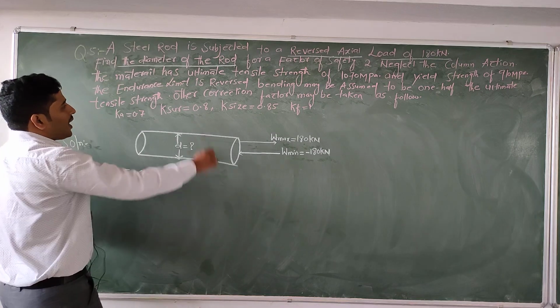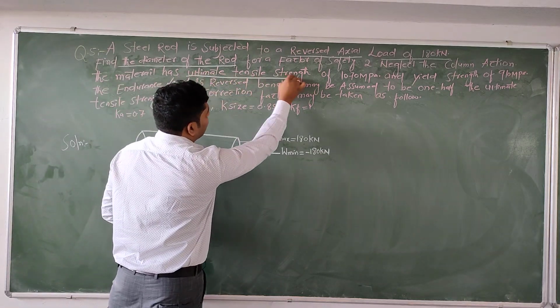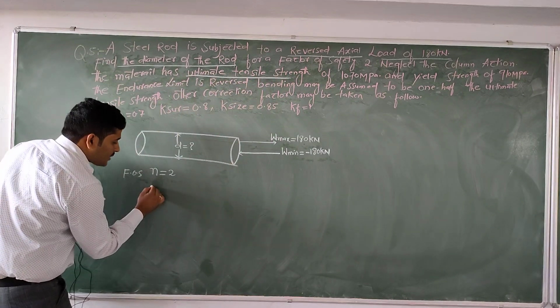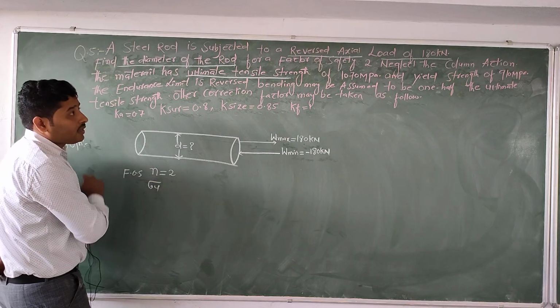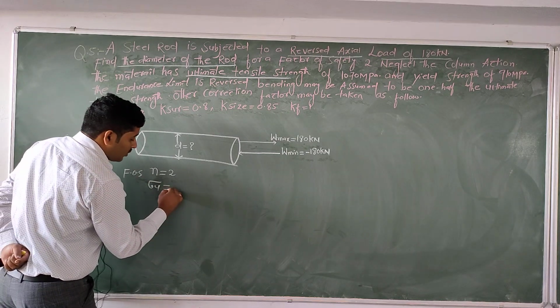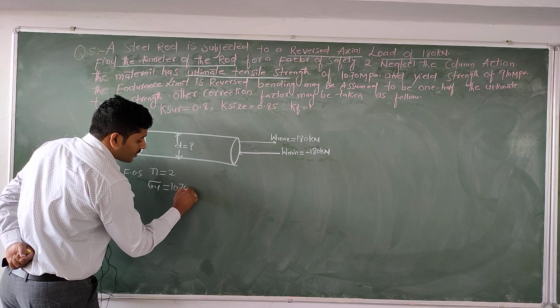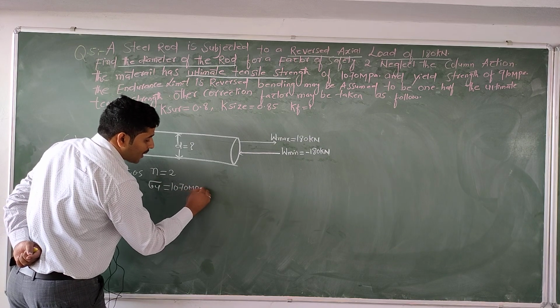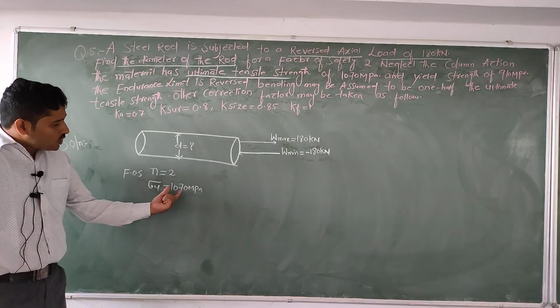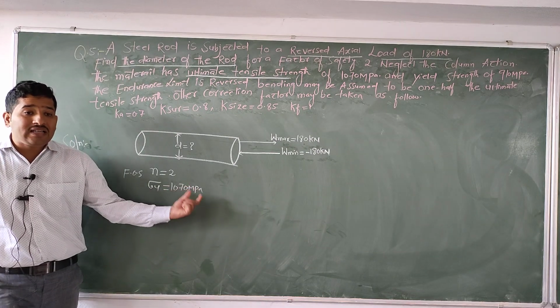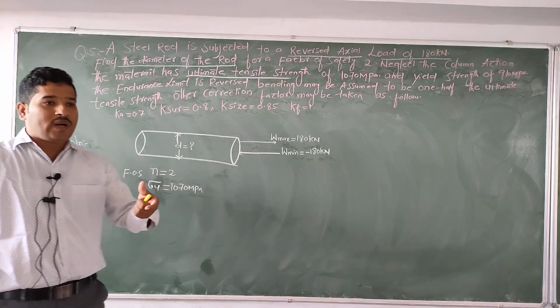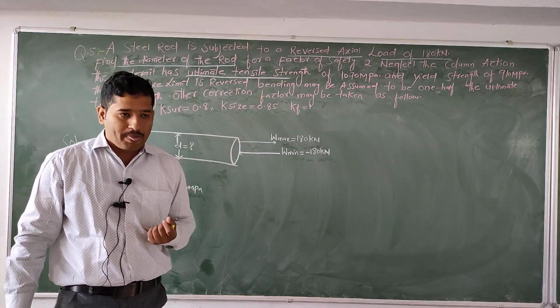So here the ultimate strength of the material is represented by sigma u. Ultimate strength of the material, how much is given? 1070 megapascal. This 1070 megapascal is there, but our intention is we want to convert to millimeter square.